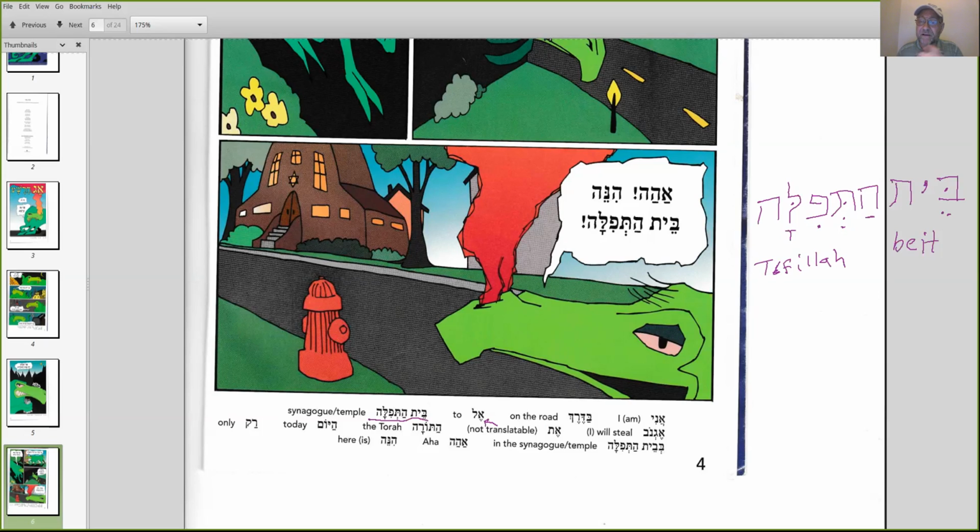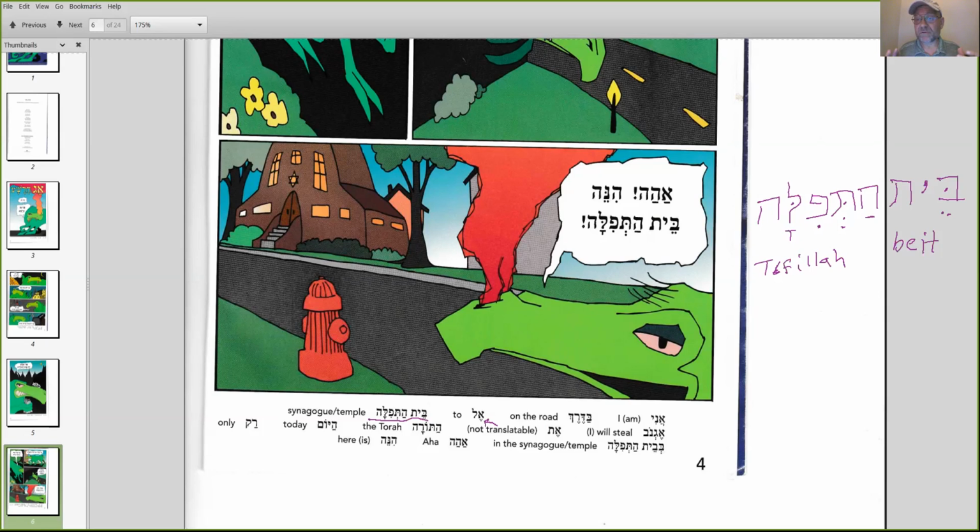Now, something to be aware of here as you're writing these out is that some of these are compounds. There's two words here, obviously, beit tefillah, or house of prayer, but in this case, they translate it as synagogue or temple. Now, the word tefillah can also mean, besides prayer, which is what is commonly translated by a lot of people, but it also means a place where there's communion, where there's fellowship, and a place where there's study.